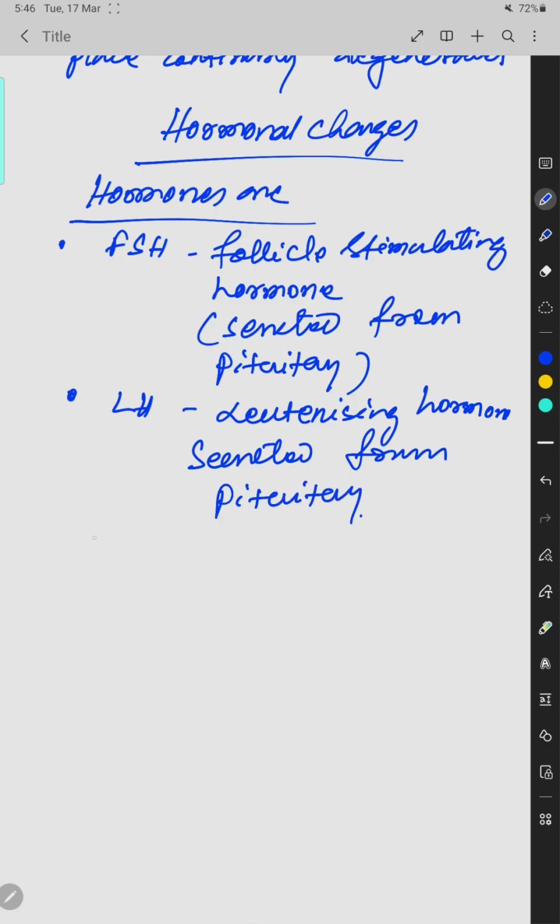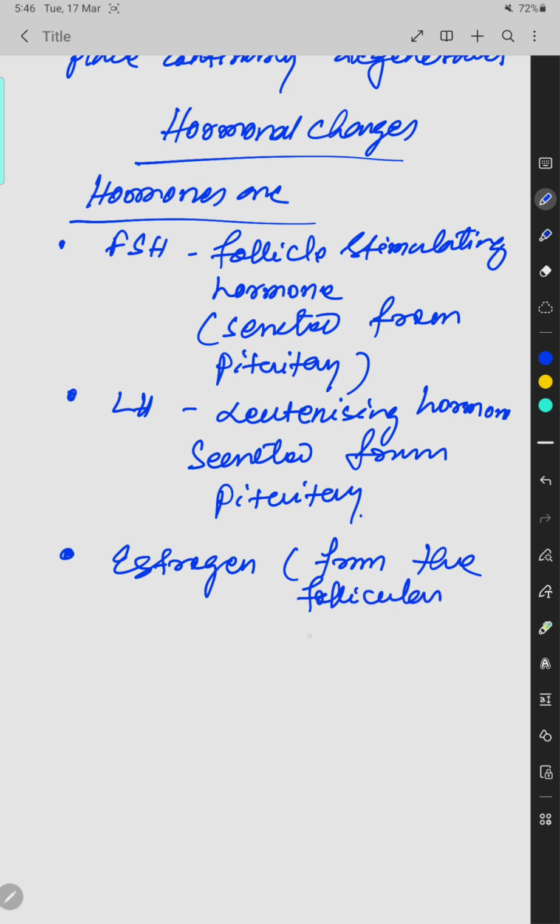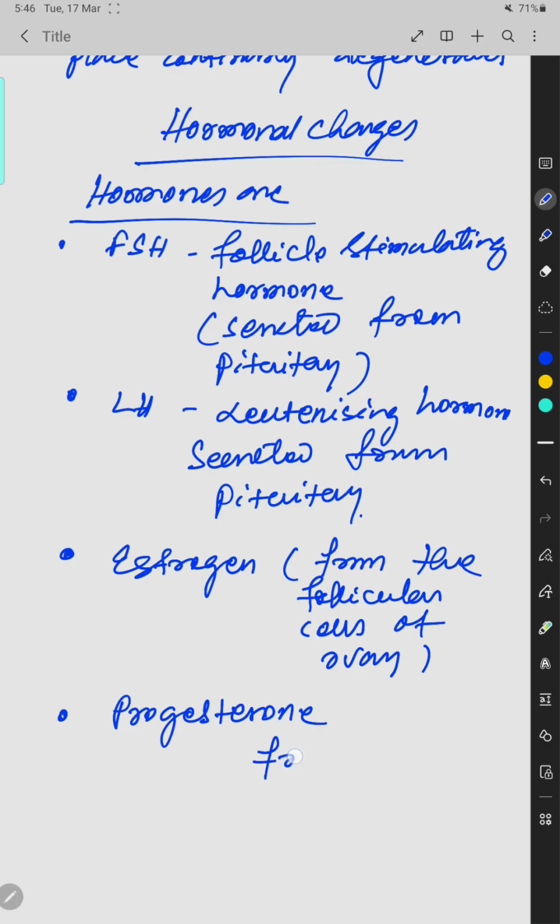Then the next hormone is estrogen. It is secreted from the follicular cells of ovary. Then the fourth one is progesterone. It is secreted from corpus luteum.